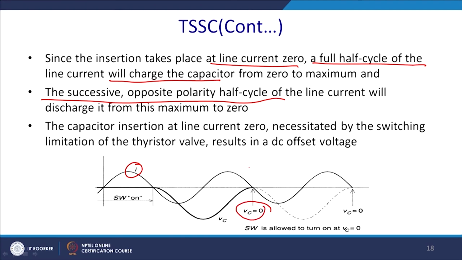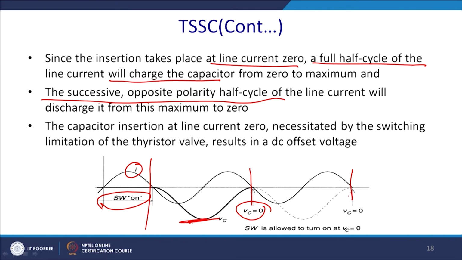You see that Vc will again become 0. At this moment the voltage was 0 because the thyristors were triggered, and at this moment the thyristors were turned off, and thus it swells up to the maximum voltage Vc. Thereafter when the current becomes 0, the voltage becomes 0, and subsequently Vc will again be 0. This is the oscillation pattern across the capacitor voltage.